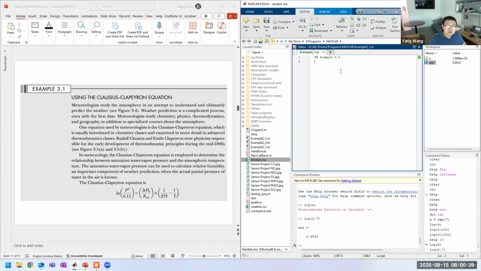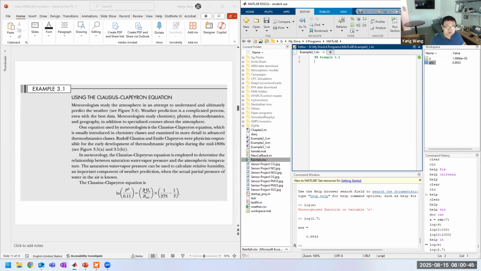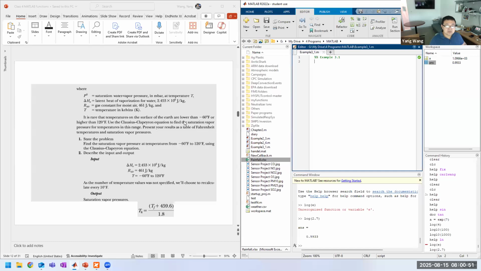Okay, so basically we need to first type in some parameters. We want to see what P is here, but we need to find out what the other parameters are. First, it says that the temperature is in the range of -60 Fahrenheit to 120 Fahrenheit. So we can define our temperature here.